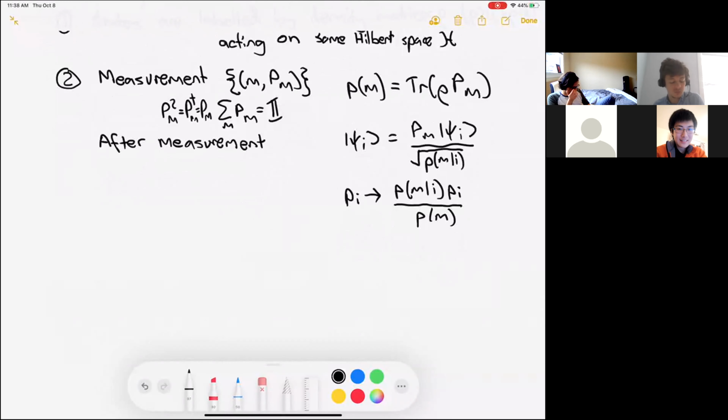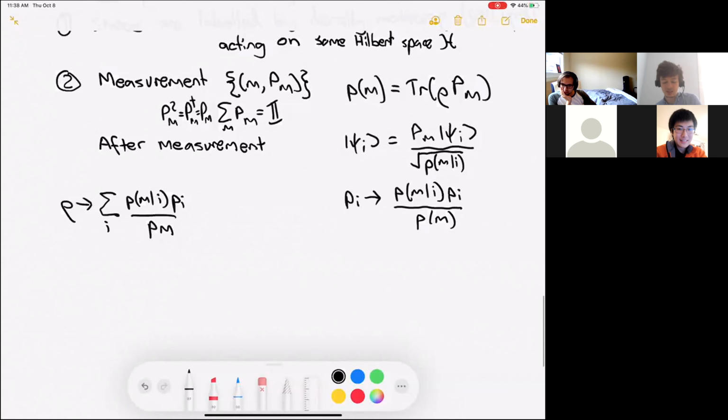So what does this mean about what happens to rho? Well, it seems like it's going to be a bit complicated, right? It's now a sum over our new pi's, which are PM conditioned on i times pi divided by PM. And then we have to update the psi i's.